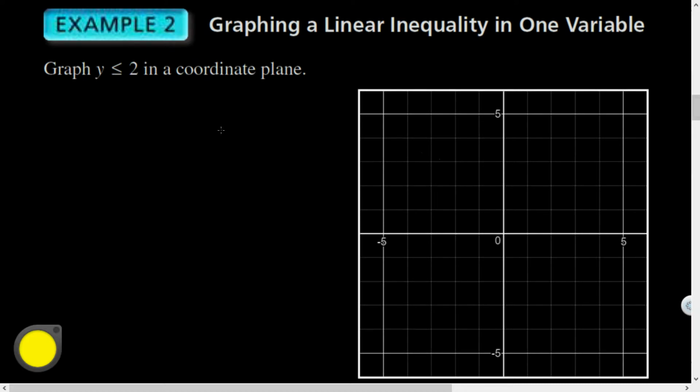All right. So guys, check this out. y is less than or equal to 2. I want to graph it. The boundary line you could think of as being y equals 2. And what do I know about that line? Well, I could think about that as y equals 0x plus 2.